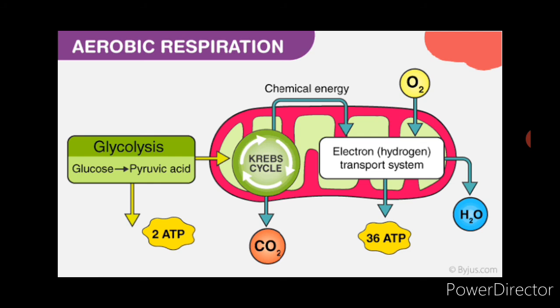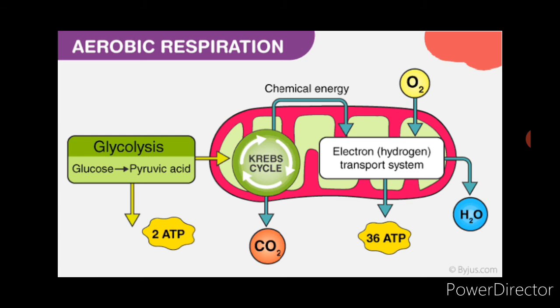The first one is glycolysis, in the sense glucose splitting. The next one is the Krebs cycle. You can see in the picture, in the middle you can see the Krebs cycle, isn't it? So that is the second stage. And the last stage is the electron transport chain. Glycolysis is the splitting, breaking down of the glucose into pyruvic acid.